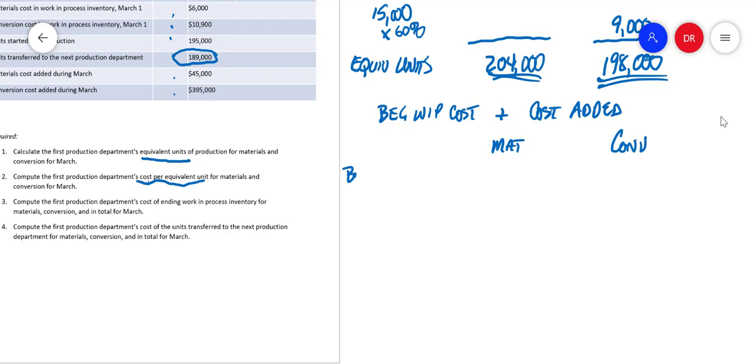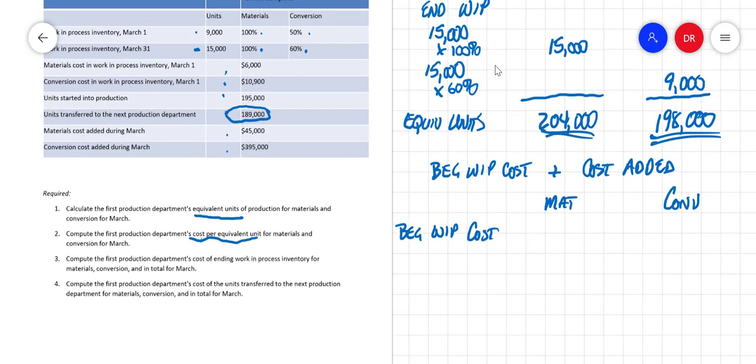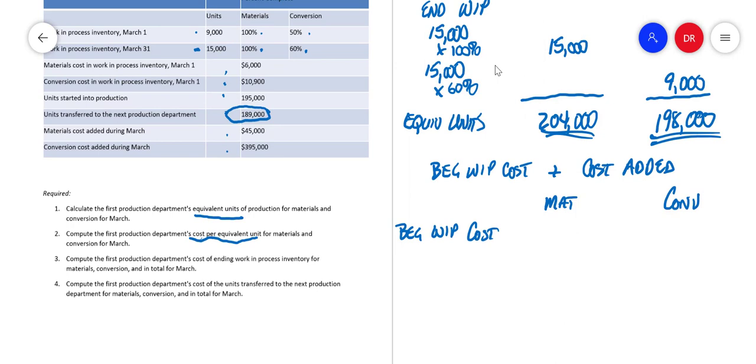So beginning work in process cost is going to be $6,000 for materials. The conversion cost on March 1st is going to be $10,900.